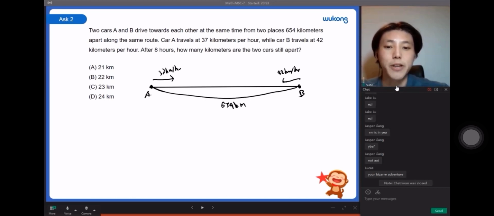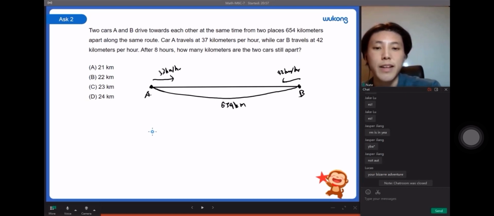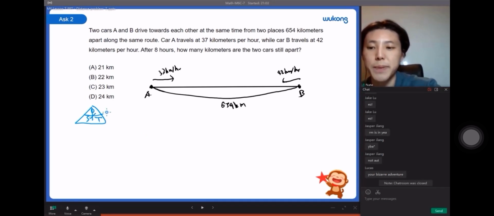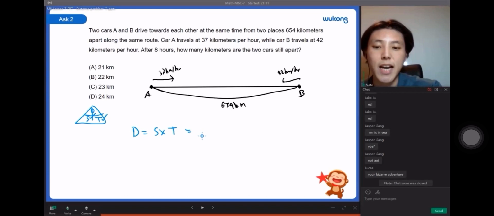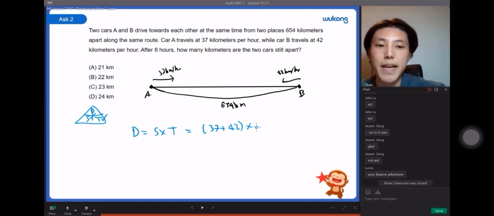So let's find out the distance traveled. Once again, we have the combined speed, we have time, so we want to find the distance. In this case, the speed will be the combined speed, and you multiply that by 8 hours.